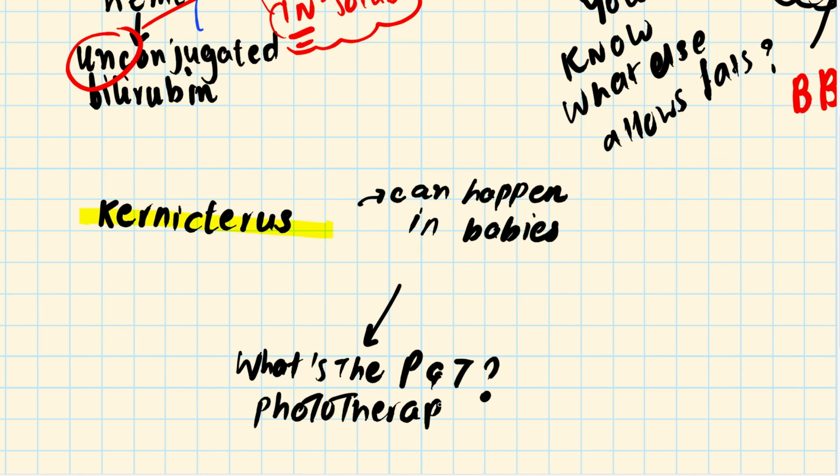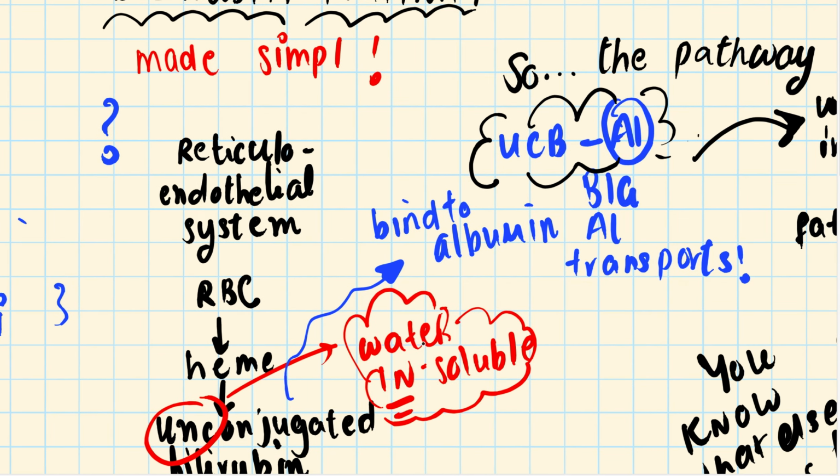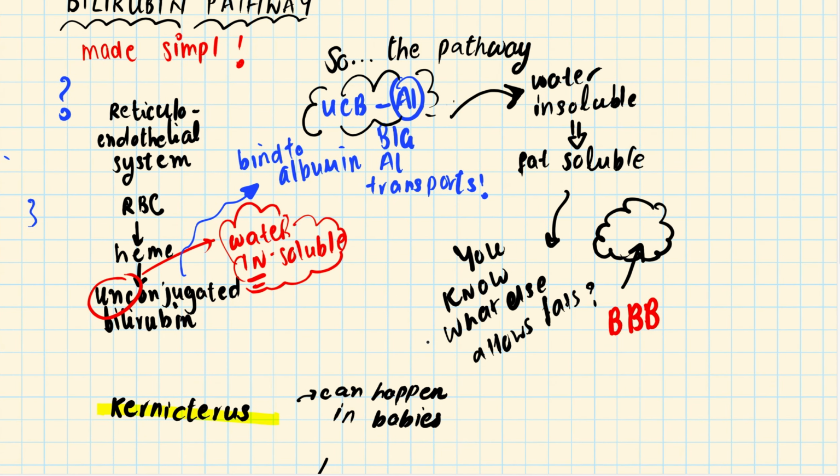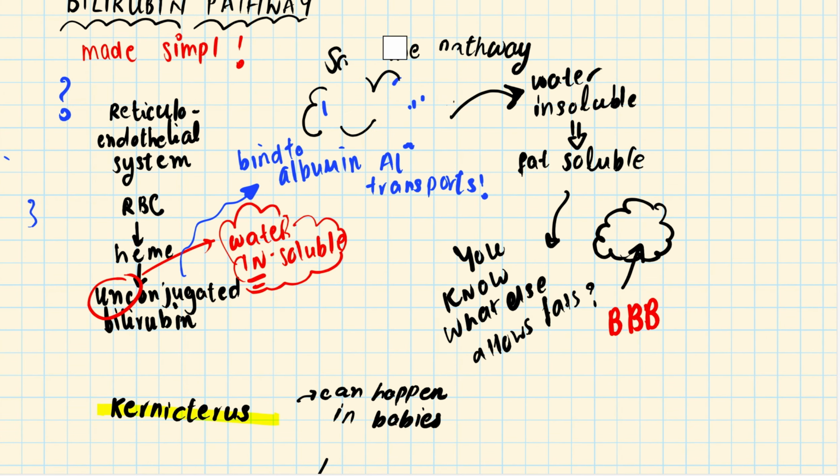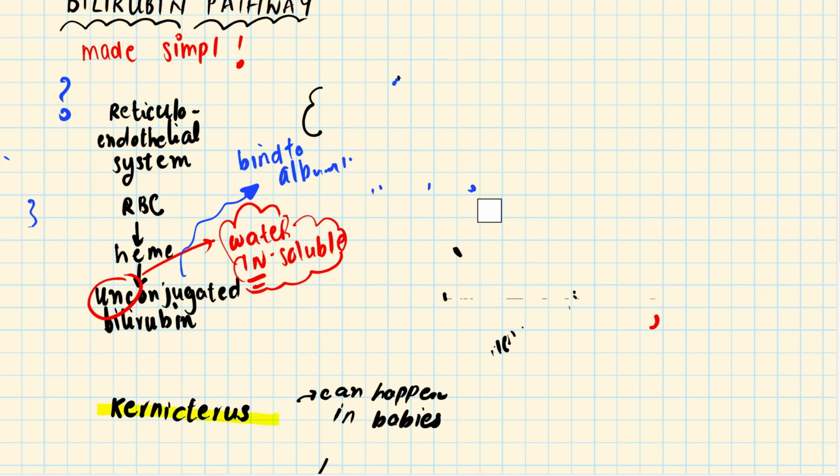The treatment is phototherapy, UV light, which will make that previously water insoluble bilirubin water soluble so it stops aggregating in the blood-brain barrier. Okay, hopefully you've stuck with me up till now.